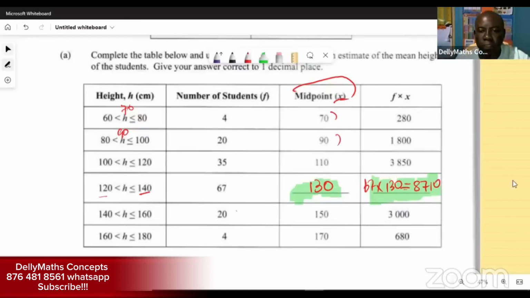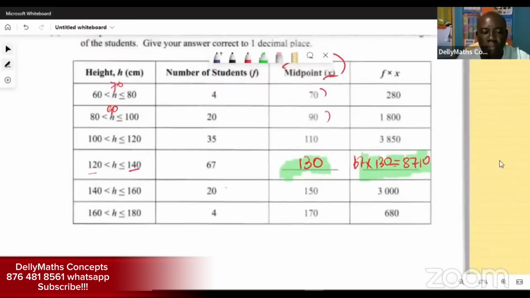Now we have completed that, but remember they asked us to do the mean. What is the mean? This is 150, guys. This is the sum of the f. The sum of your frequency is 150. I need the sum of fx, this column. So we're going to add up everything and go down. What are we adding?